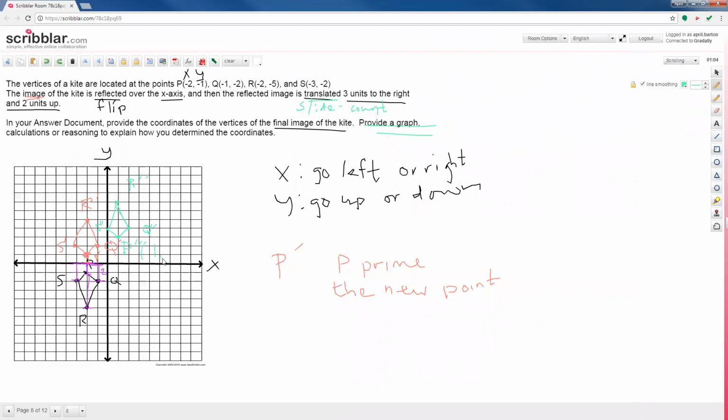So that's (1, 3). Or Q double prime, you went right 2, up 4. So that's (2, 4). Providing the graph should be enough though. You don't necessarily need to write out the actual coordinates. And R would be (1, 7).